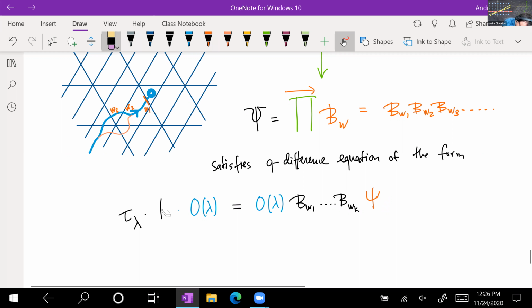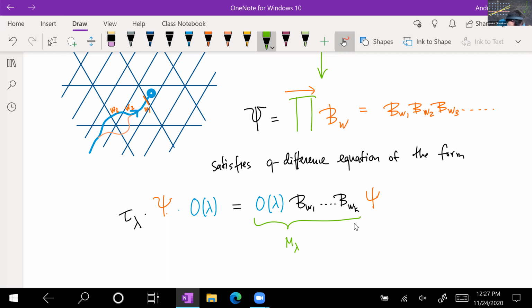Maybe this should be red also. So this is my operator here. Call it M lambda.